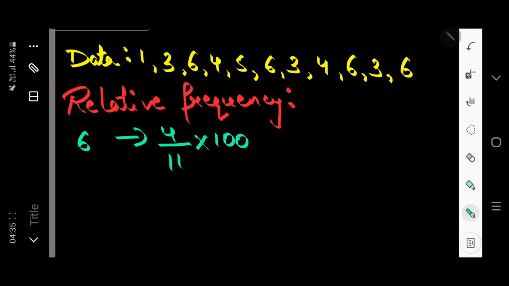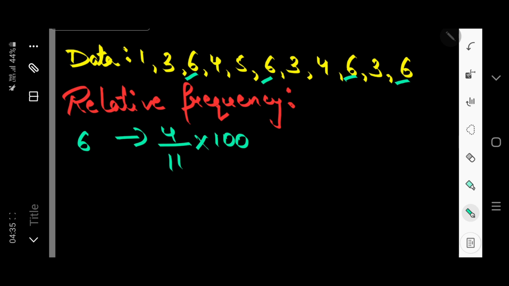As the definition says, the relative frequency is the frequency of a data point expressed as a percentage of the total number of data points. Here we can see that the data point 6 is appearing 4 times: 1, 2, 3 and 4.